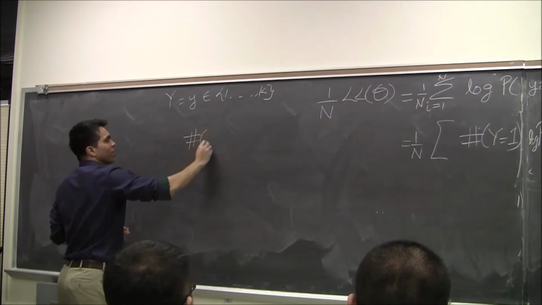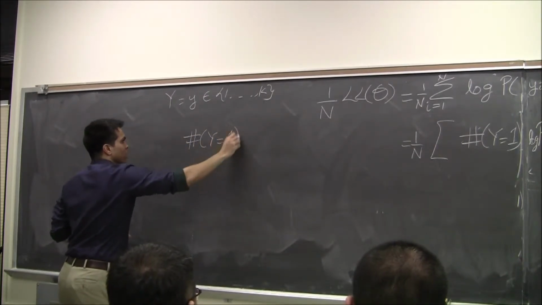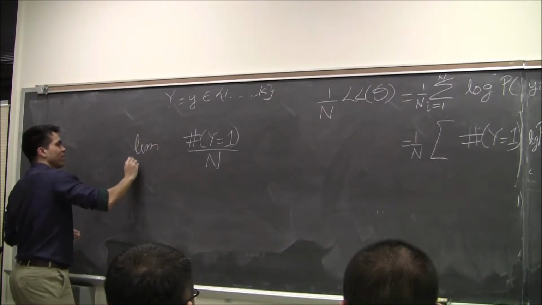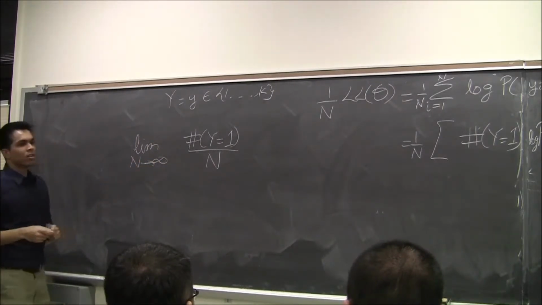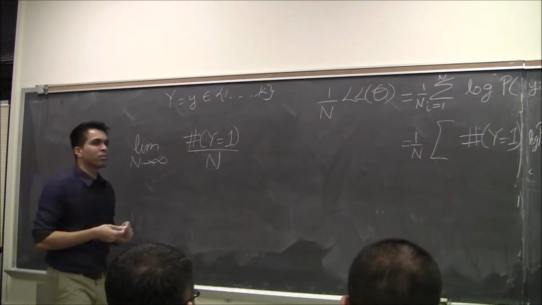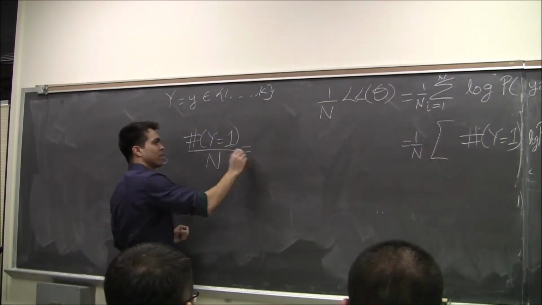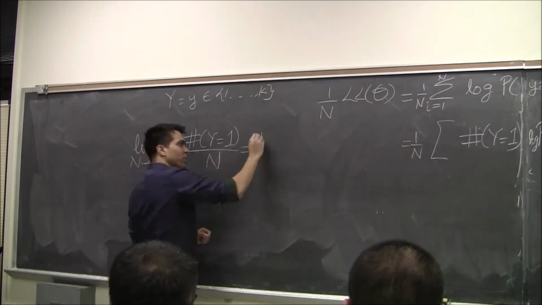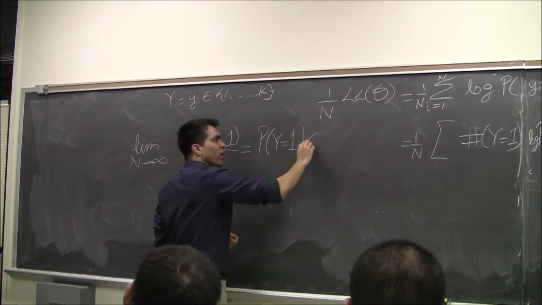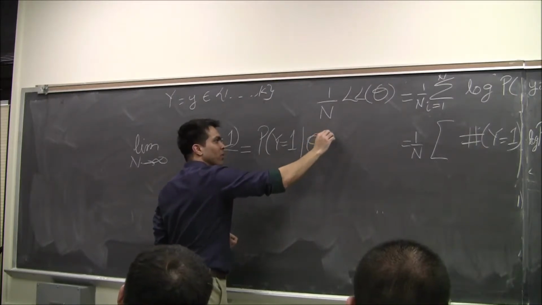The number of times y is set to 1 divided by n, as I see infinite data. What is that equal to? Probability of y equals 1. So far, so good. But probability of y equals 1 under the correct model.